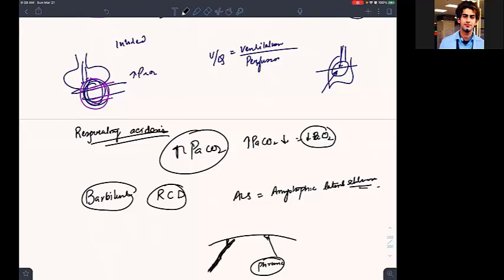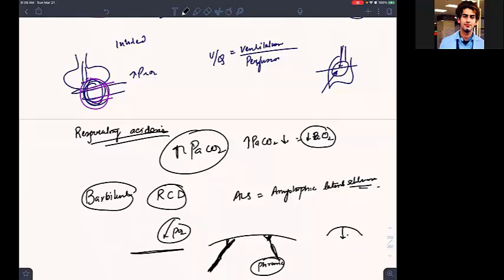Can my diaphragm work? It won't work. It can't become flat to inspire the oxygen. The basic thing is making it a flat shape from a dome shape. It's actually a dome shape, you have to make it flat. So you need a motor impulse so that you can initiate this, isn't it?